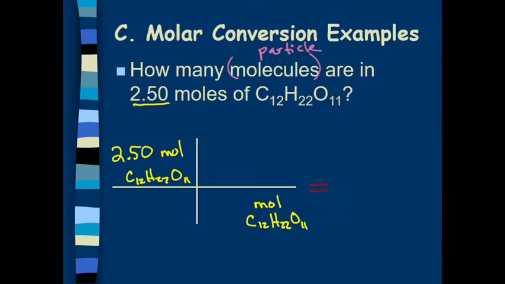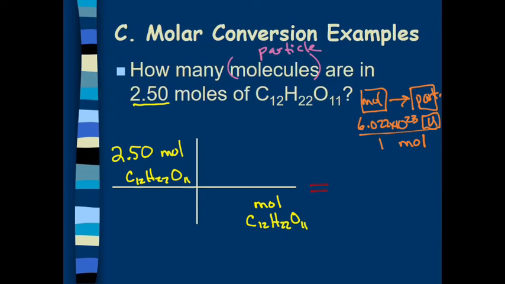If, again, you think about your boxes, we could have had moles going to particles. That was one step. And it was set up as Avogadro's number over 1 mole. Place your unit right over here. This one in this case is going to be molecules.